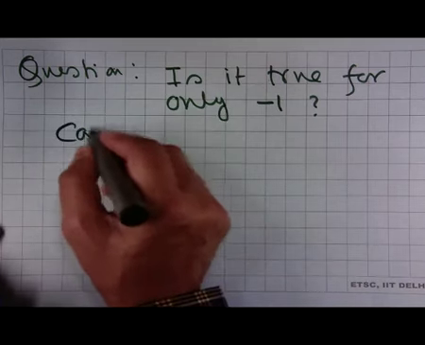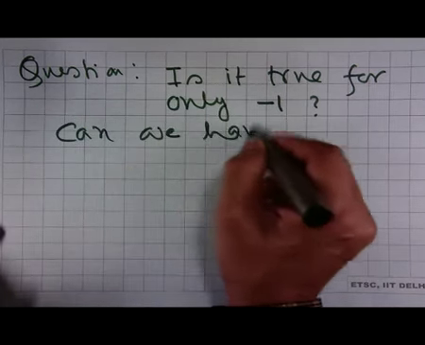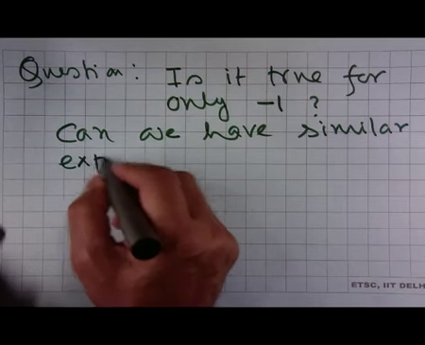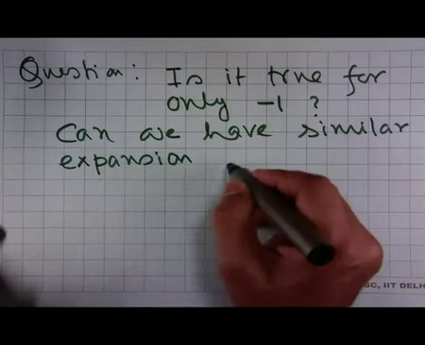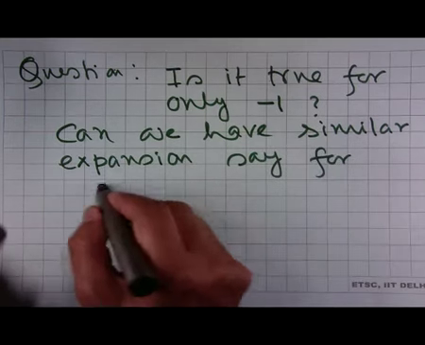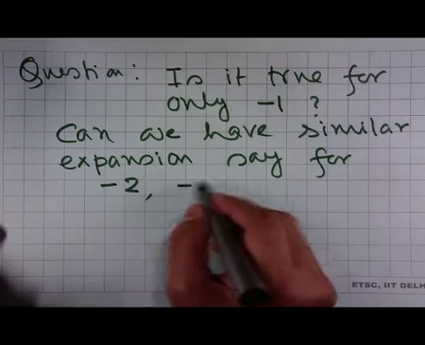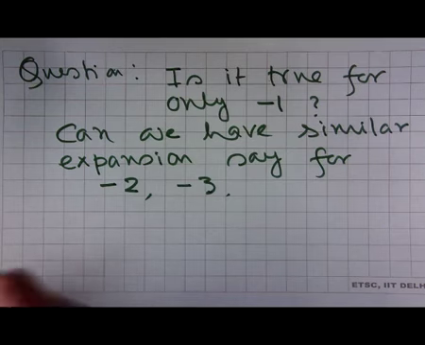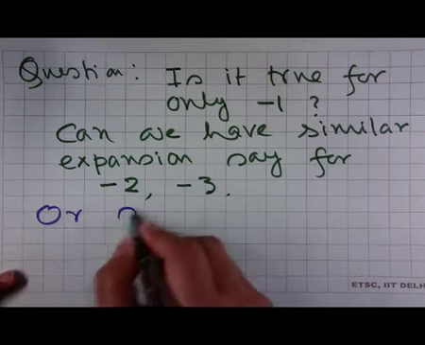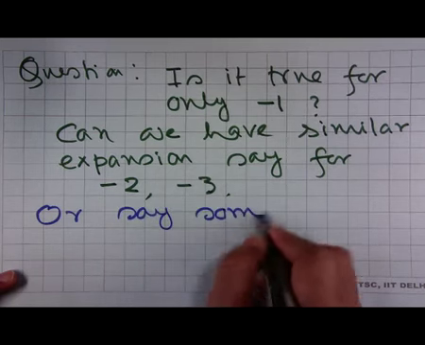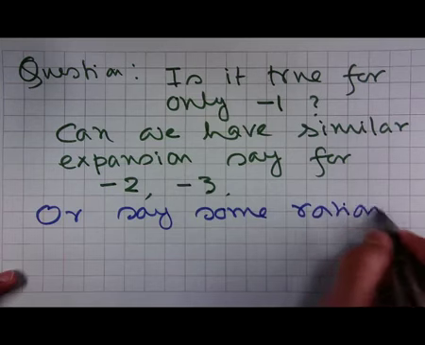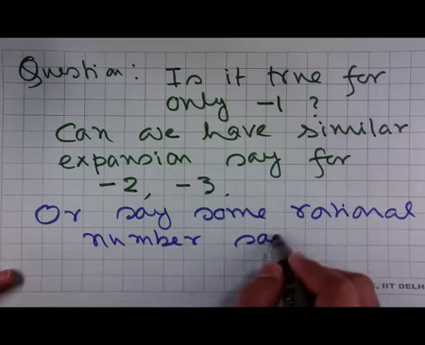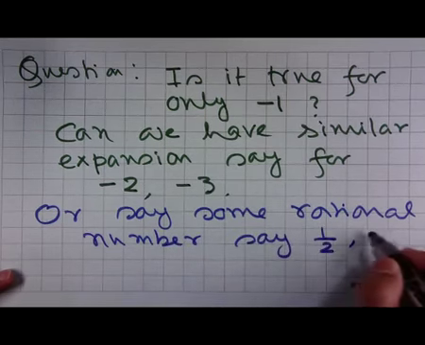Can we have similar expansion, say for minus 2, minus 3, or what about some rational number, say half, 2 by 3?